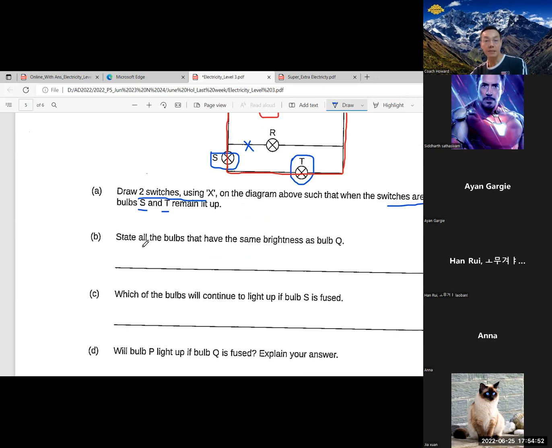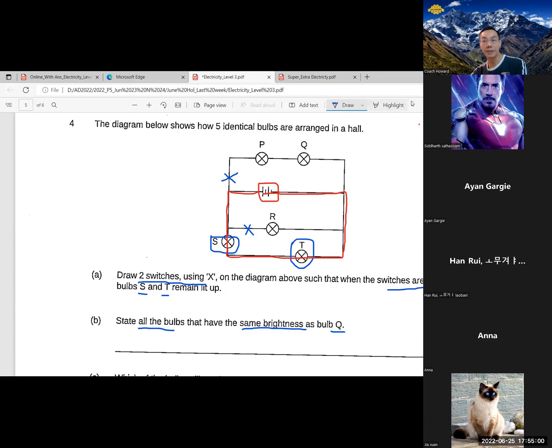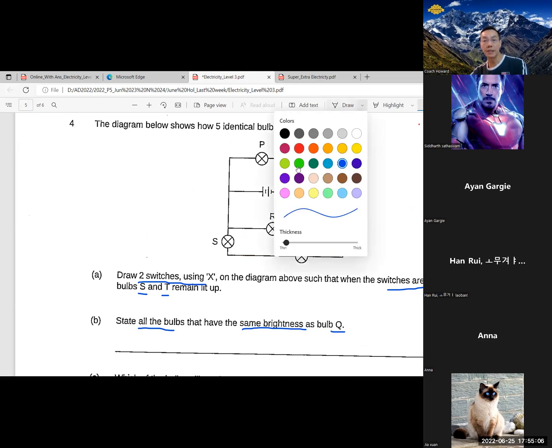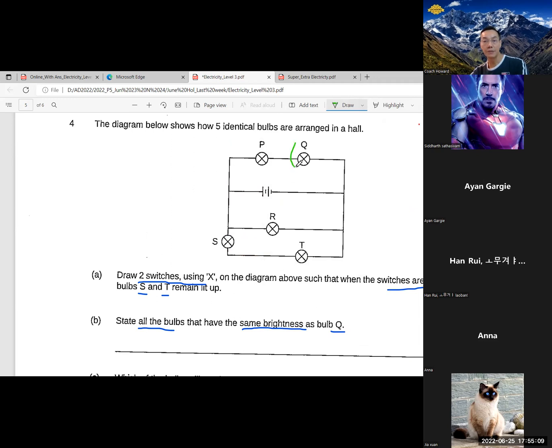Next, state all the bulbs that will have the same brightness as Q. Same brightness. Let me erase everything and then discuss Q. So where is Q? You notice Q is here. Which are the bulbs that will have the same brightness as Q?